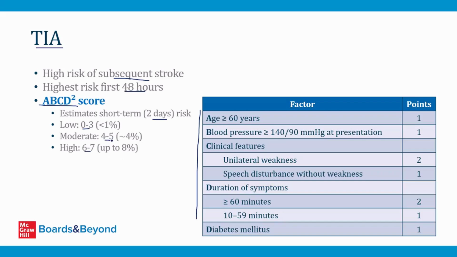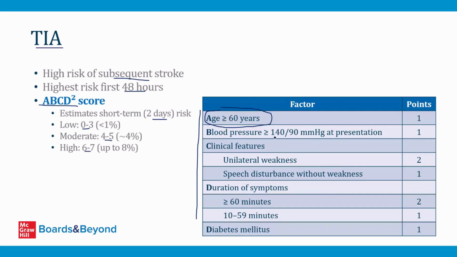And once again, memorizing this scoring system is fairly low yield, but you should be familiar with the elements of this scoring system because all these things predict a higher risk of stroke compared to patients who don't have these things. So older patients who've had a TIA are at higher risk of stroke. Hopefully that's fairly obvious and makes sense to you. In general, older patients are at higher risk of stroke, and especially those who've had a TIA.